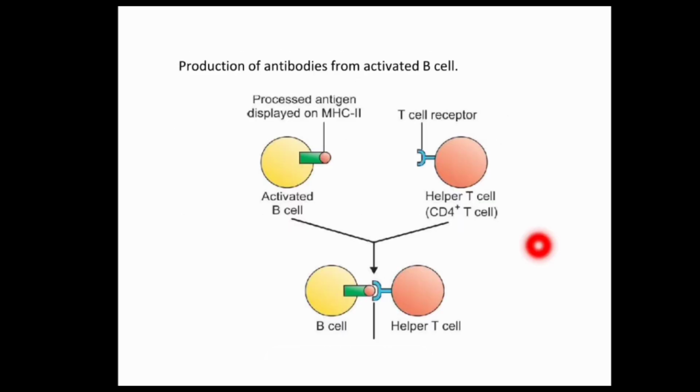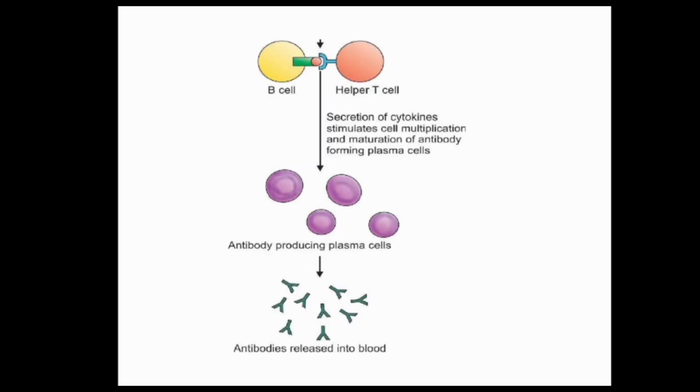Here you can clearly see this is the activated B cell with the MHC 2 complex and it binds with helper T cells. It sends a signal to secrete the cytokine to stimulate cell multiplication and maturation of the antibody forming plasma cells. These plasma cells further produce antibodies released into the blood.